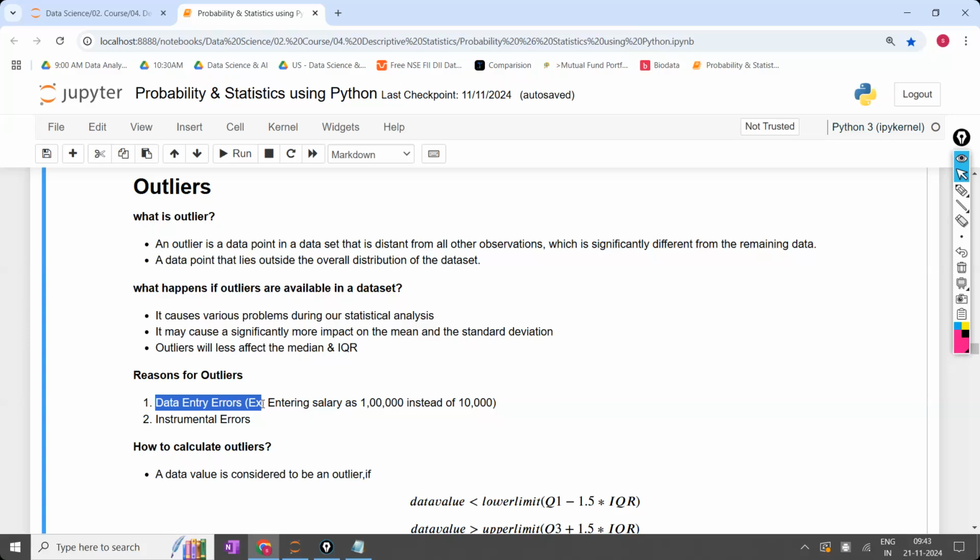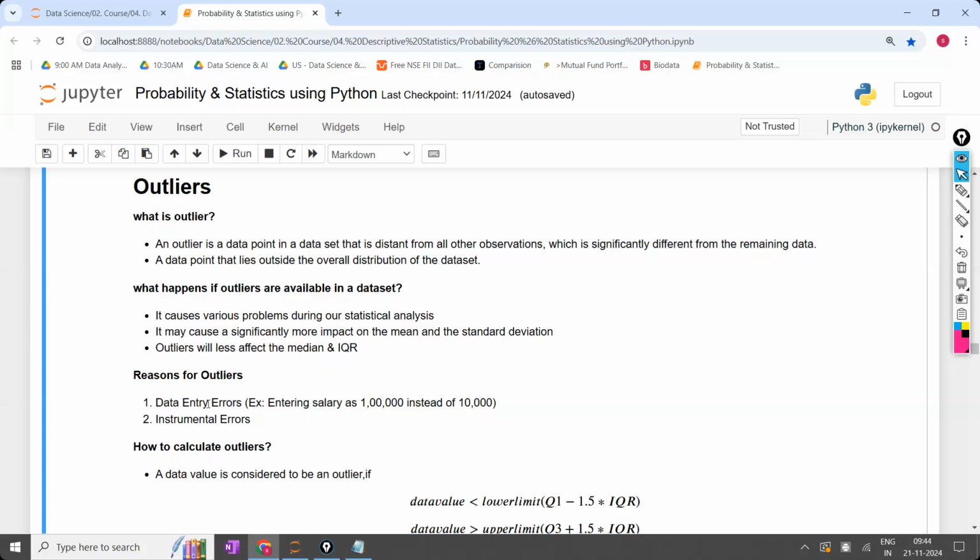When compared to other days, those records will be considered outliers. If you take the entire 1 year of data, Big Billion Day sales will be outliers for Flipkart. Is that a wrong entry? No, it really happened. If it really happened, what do we have to do? That is a different case. If it is wrongly entered, then we are going to treat it. We'll discuss everything one by one.